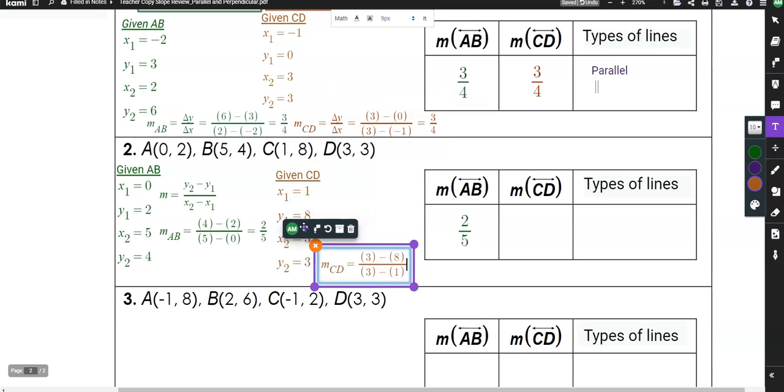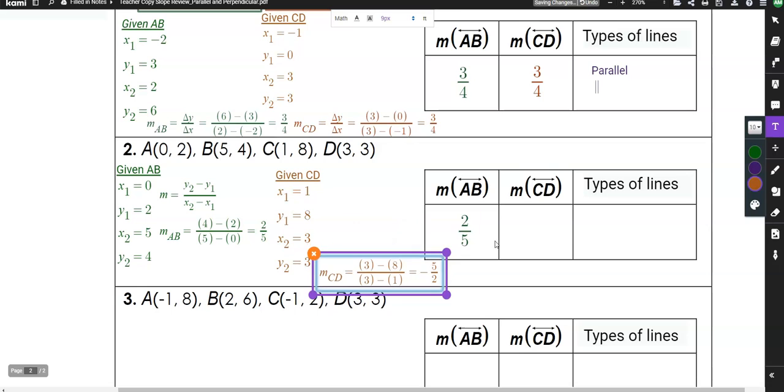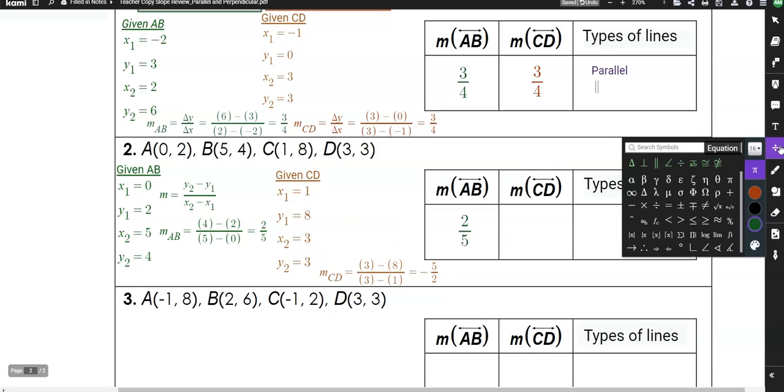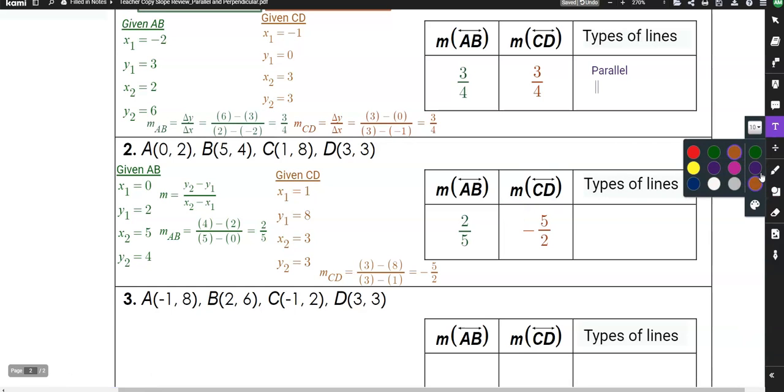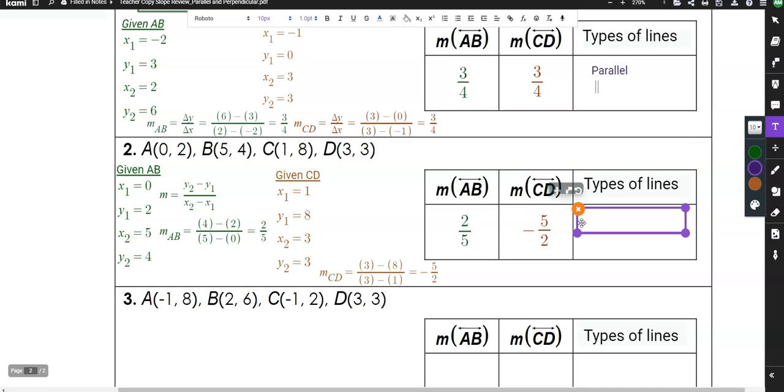And when we simplify that, we can say that 3 minus 8 is negative 5, and 3 minus 1 is 2. So the slope of CD is going to be negative 5 over 2. And because these are flipped fractions and the signs are different, we can say that these lines are perpendicular lines.